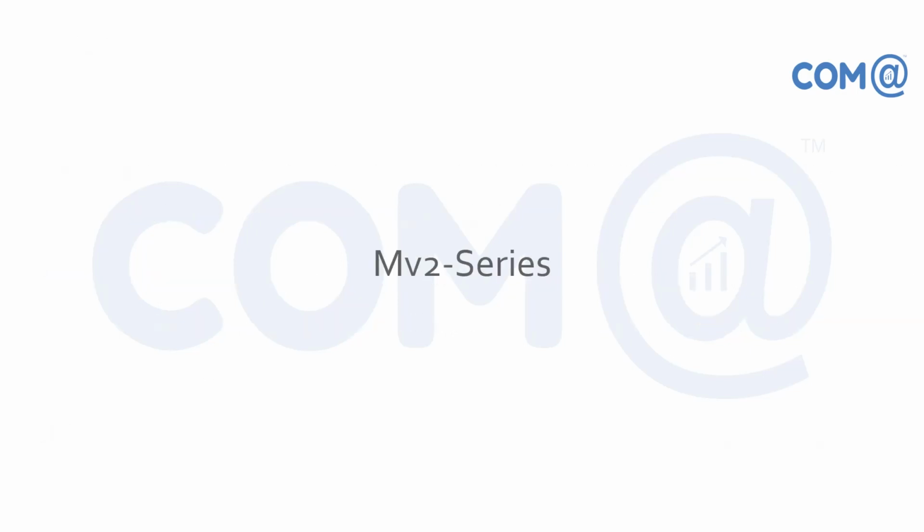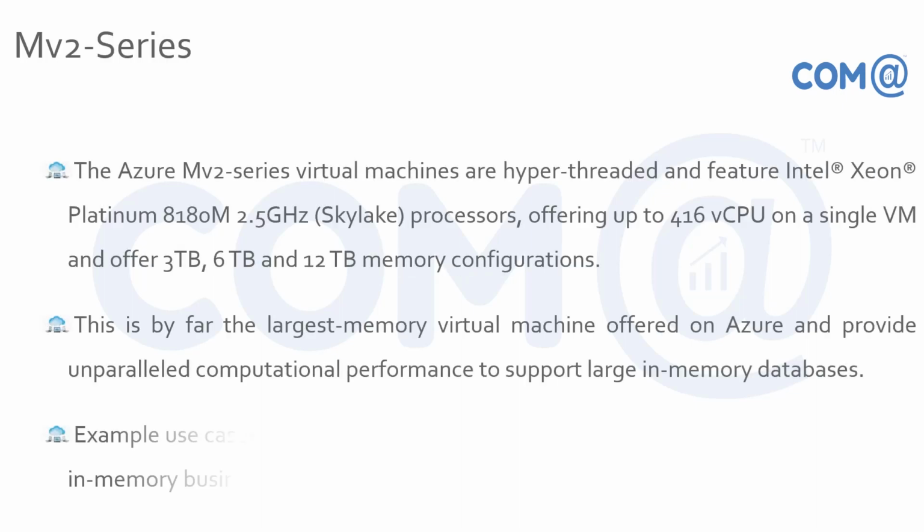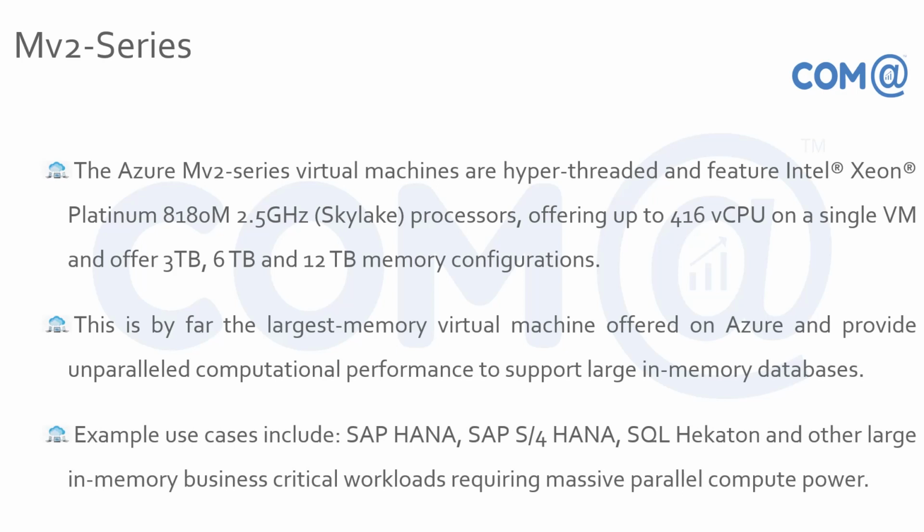And coming to the Mv2 series. The Azure Mv2 series virtual machines are hyper-threaded and feature the Intel Xeon Platinum 8180M 2.5 gigahertz processor, offering up to 416 virtual CPUs on a single VM and 3 terabyte, 6 terabyte, and 12 terabyte memory configurations.